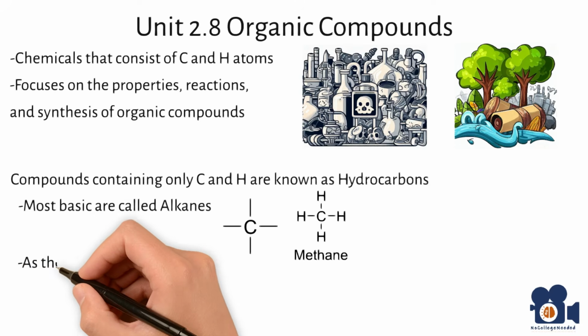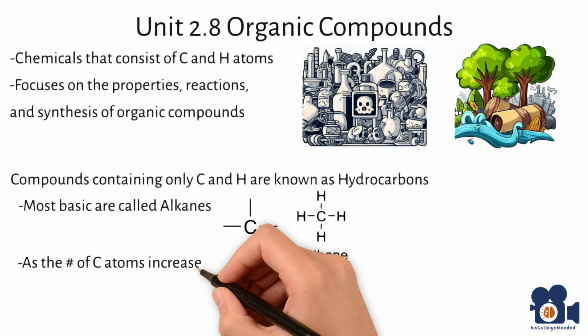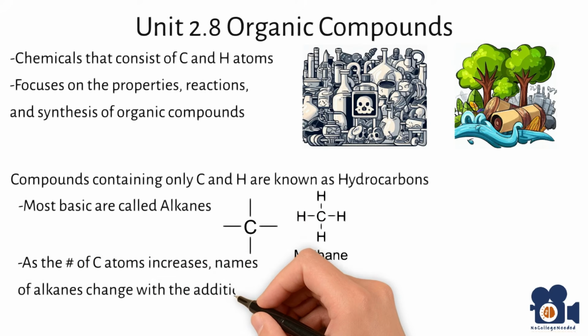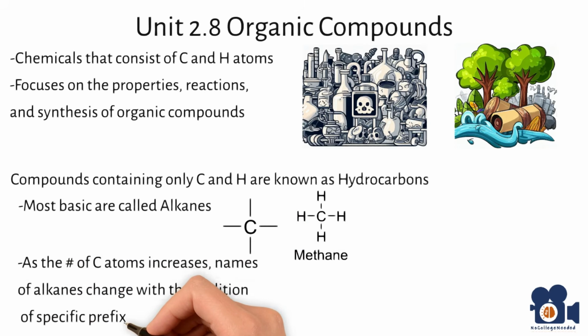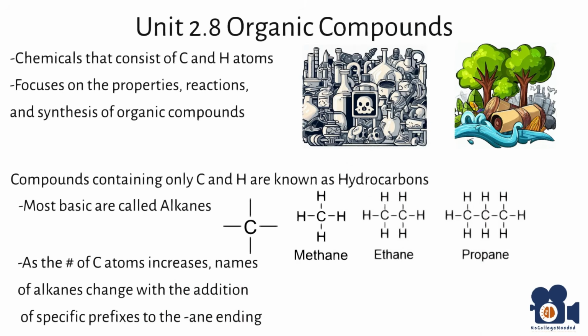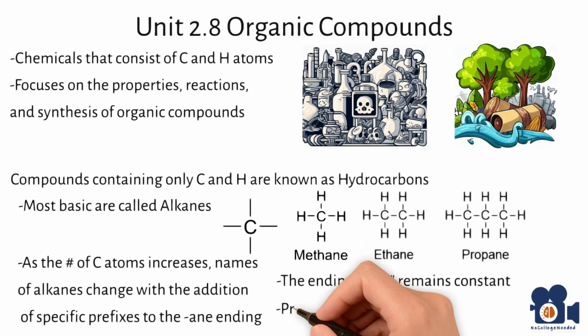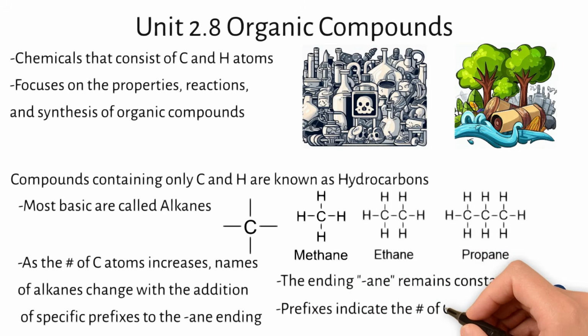As the number of carbon atoms increases, the name of the alkane changes with the addition of specific prefixes to the ane ending. For instance, 2 carbon atoms form ethane, while 3 carbon atoms create propane. The ending ane remains constant, but the prefixes indicate the number of carbon atoms.